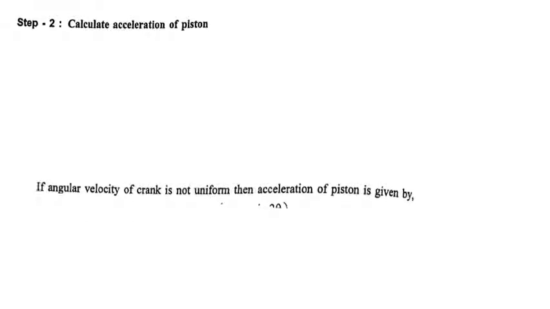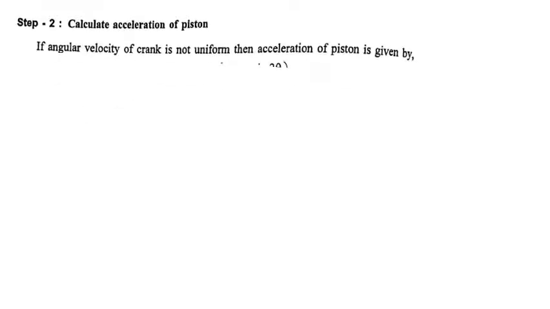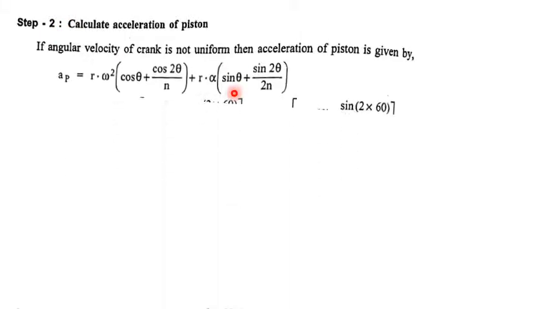The next one is we have to calculate acceleration of the piston, and we are going to assume that the crank is not uniform. Then acceleration of the piston is given by this formula: R into omega square into cos theta plus cos 2 theta by n, plus R into alpha into sin theta plus sin 2 theta by 2n.